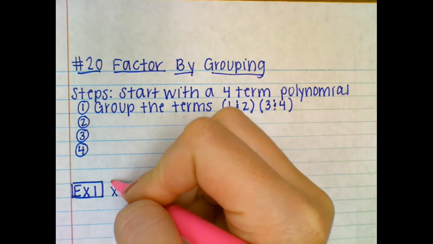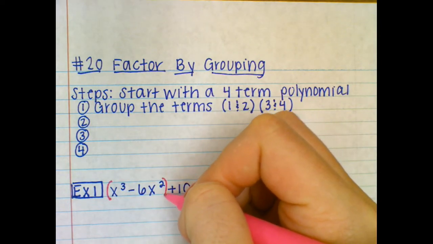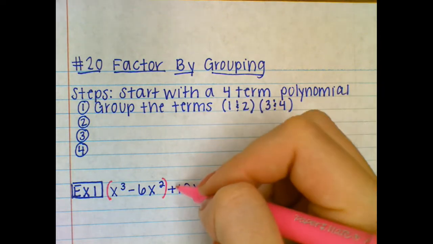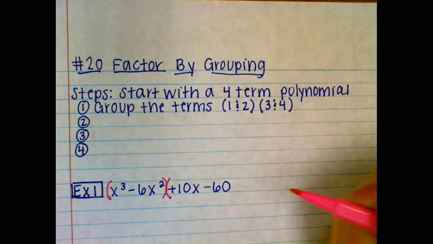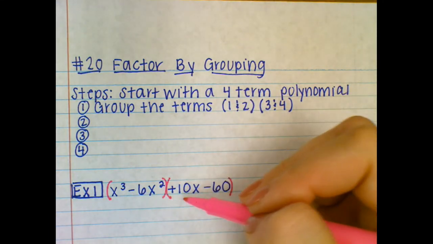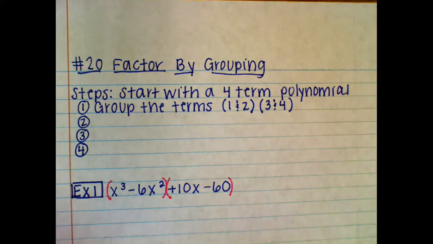So I'm going to put a parenthesis in front of it, and then right after the square, I'm going to put a parenthesis because that's the first two. And then 3 and 4, 3 has this plus sign, so I have to get the plus sign in it, and then I'm going to close it out here. So notice every sign, every number, every variable, and every exponent is inside of a group. So there's your step 1.